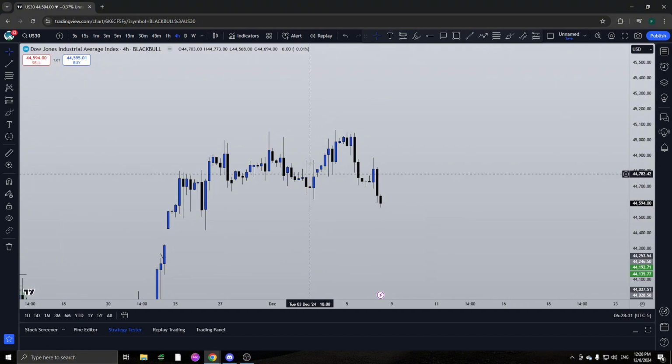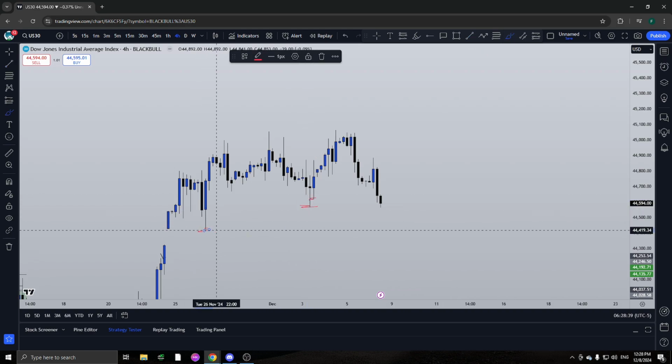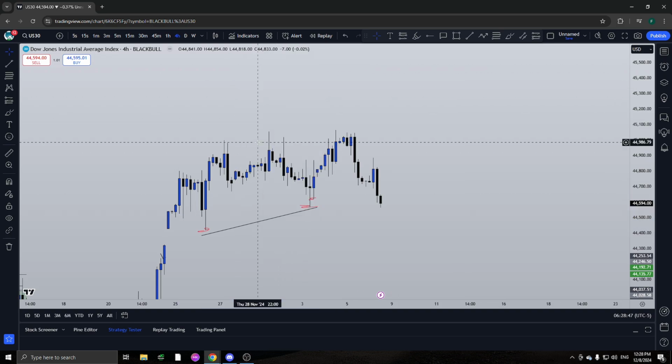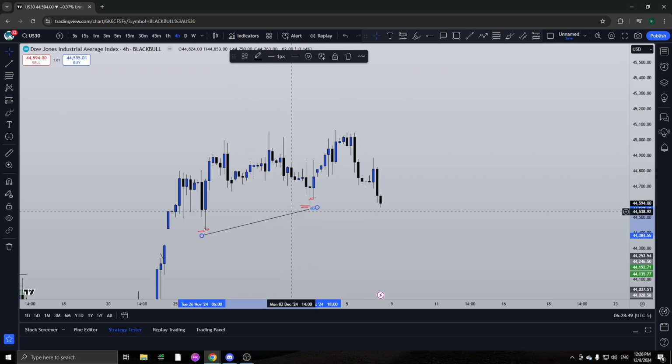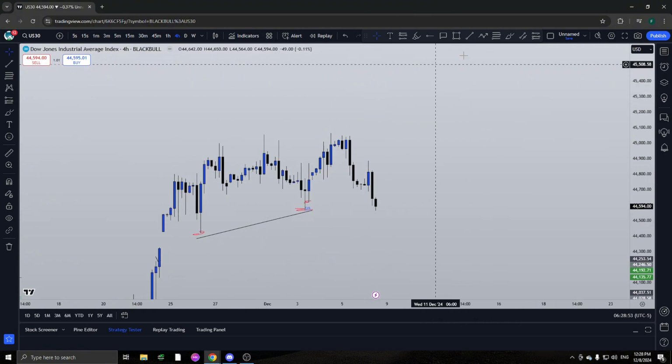Everyone started buying. Price went up. What happens? People place their stops here, right here, maybe right here. So that means that right now, right here is a lot of liquidity, a lot of money in the market.